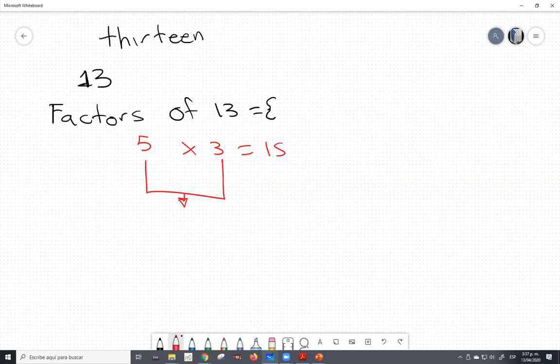Yes. Okay, and these two are called factors, and this one is called product. So the factors of 13 are all of the numbers that can be in a multiplication, and the result is 13. So that is what we are going to find.